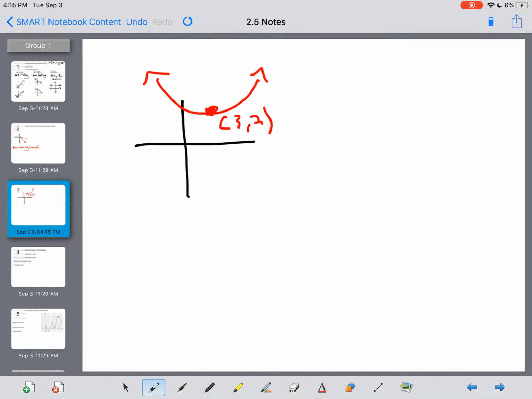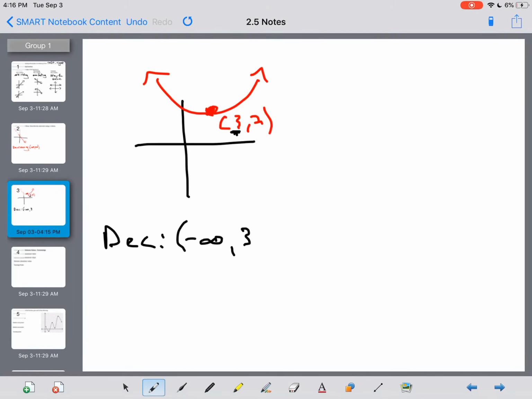Again, we're looking at this from left to right. The first portion of the graph, moving from left to right, is decreasing, all the way up until 3, 2. And when we're writing these intervals, what we care about is the x value. So we're going to say this function is decreasing from negative infinity up to 3.